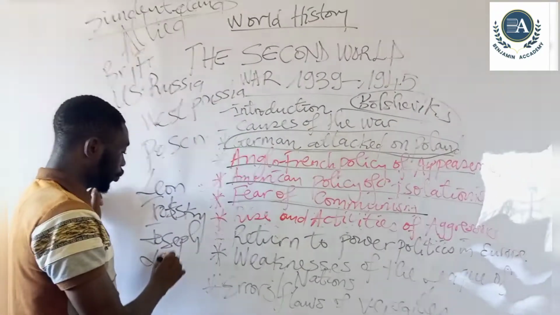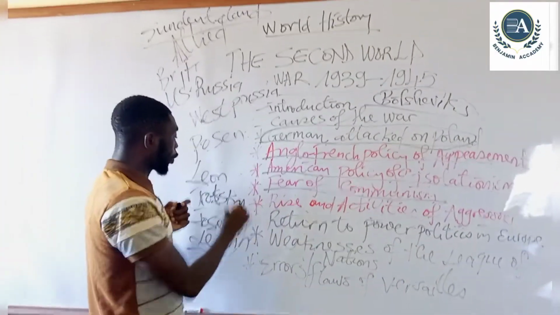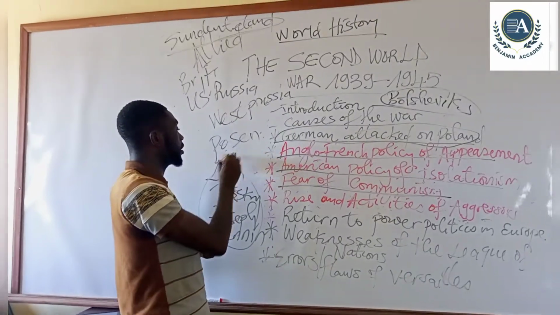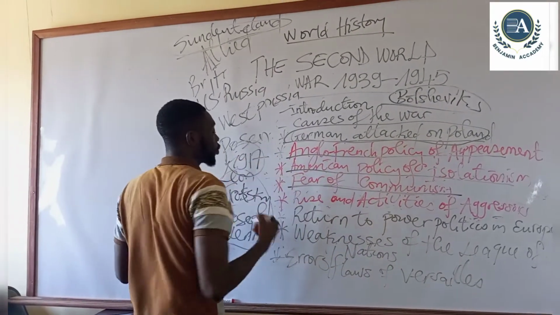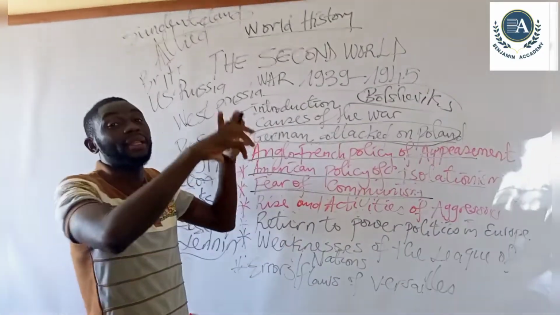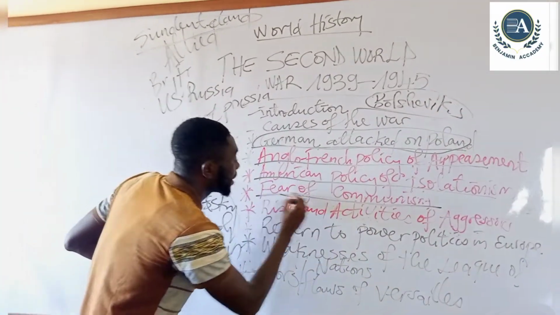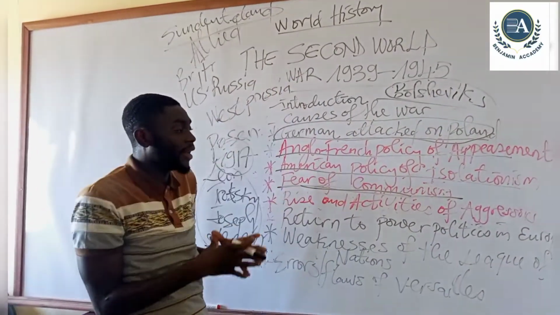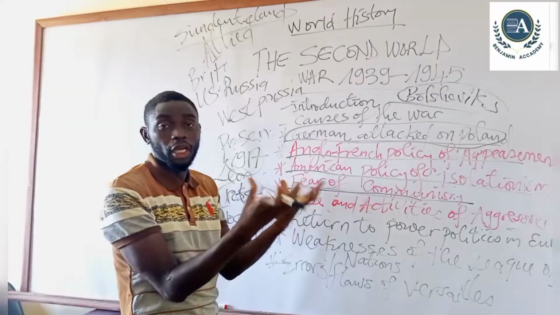These were the people we call the apostles of communism in 1917 in Russia. They overthrew the government of Tsar Nicholas II, who practiced capitalism, and introduced communism. Communism was an ideology where the Russians felt that they should commune together and socialize together.